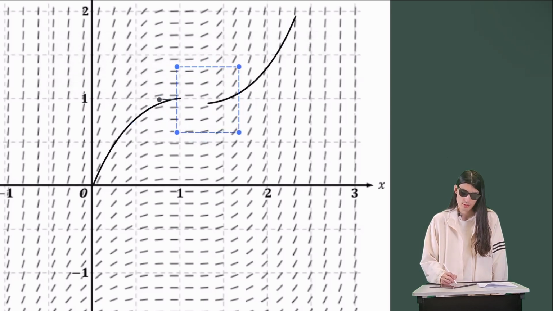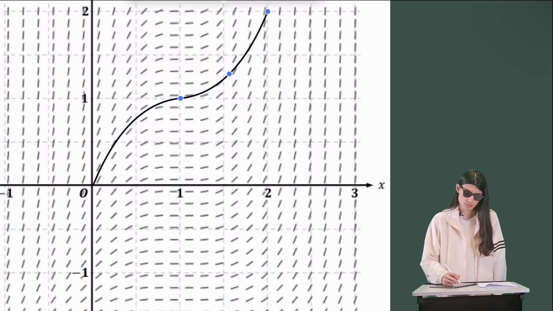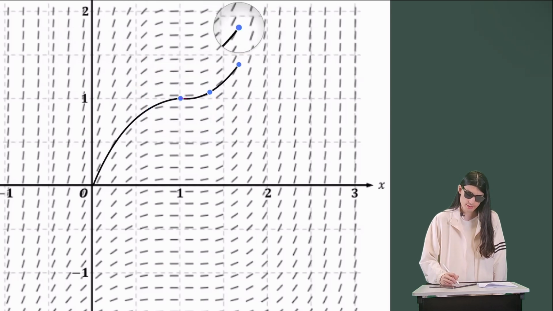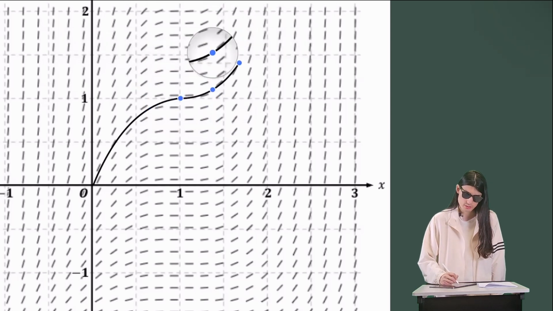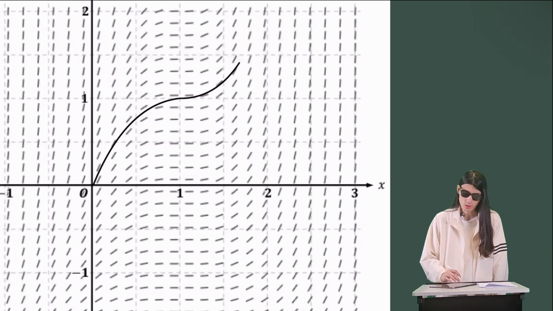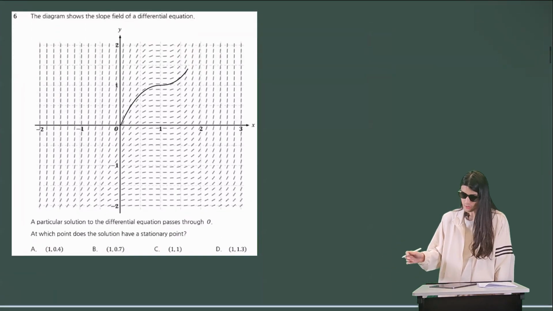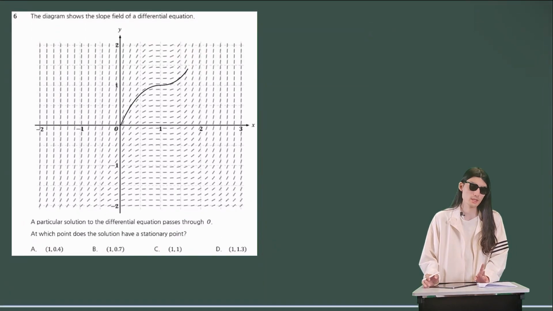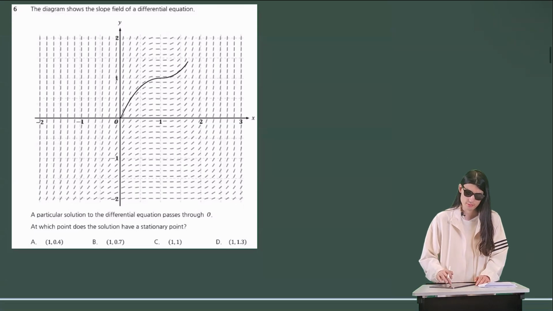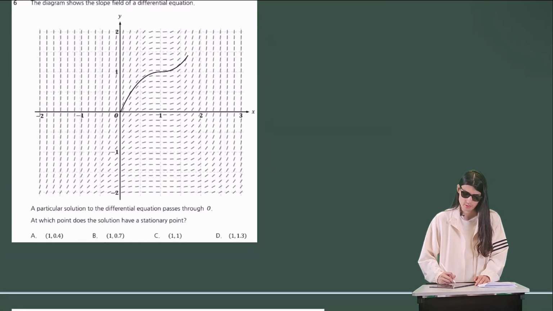And you can then figure out that 1, 1 is probably the best approximation of the horizontal point of inflection that your particular solution has, right? Stationary point.